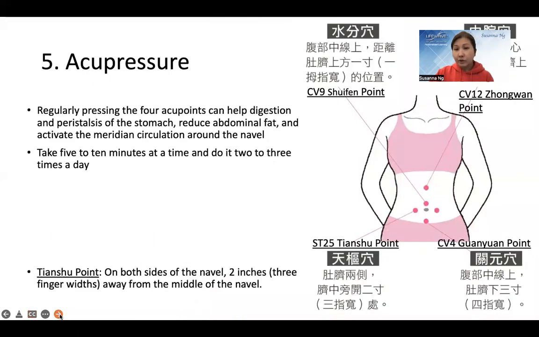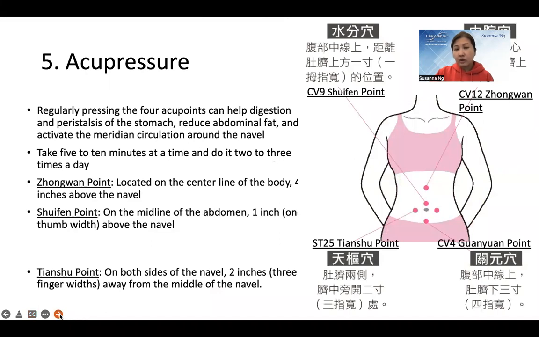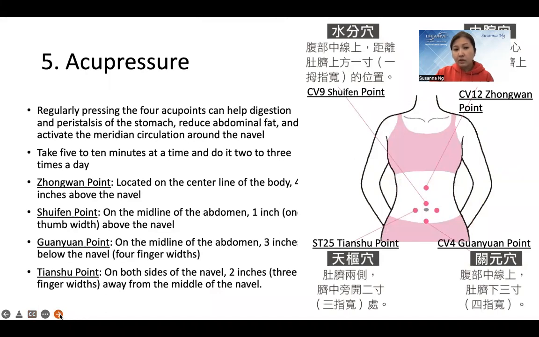And also acupuncture. We can use a combination of acupuncture points in order to become slimmer, stronger and create more muscle. Regular pressure on the four acupuncture points can help digestion, prevent stomach problems, reduce abdominal fat, and activate circulation in our body.